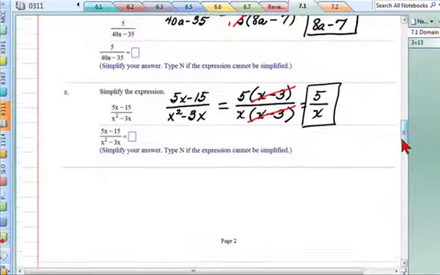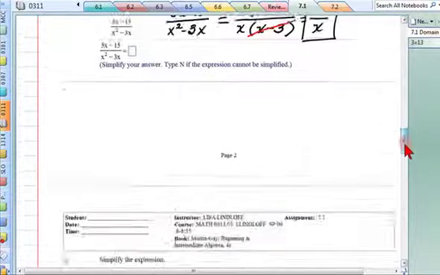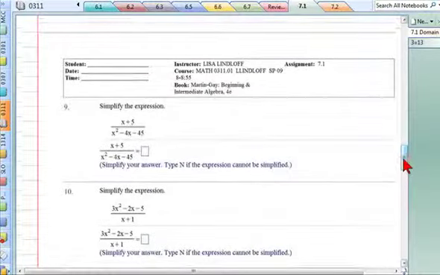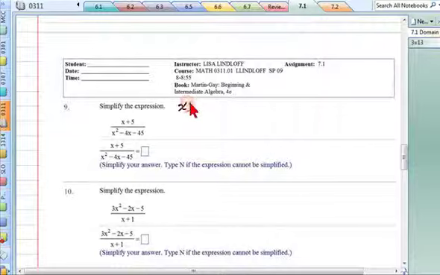Okay, let's look at problem number 9. I hope that I can write so that y'all can read this okay. All right, I have x plus 5 over x squared minus 4x minus 45.